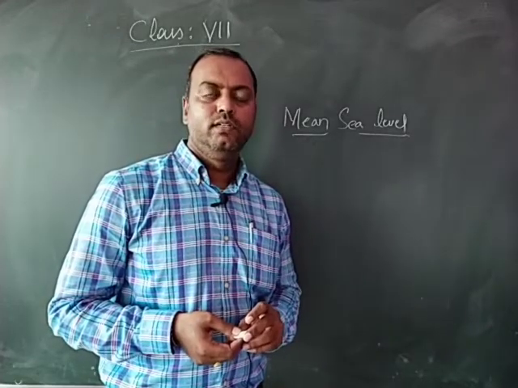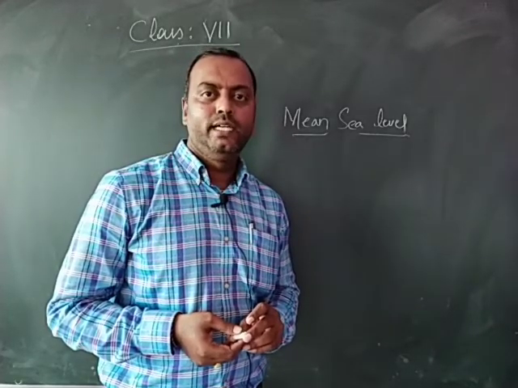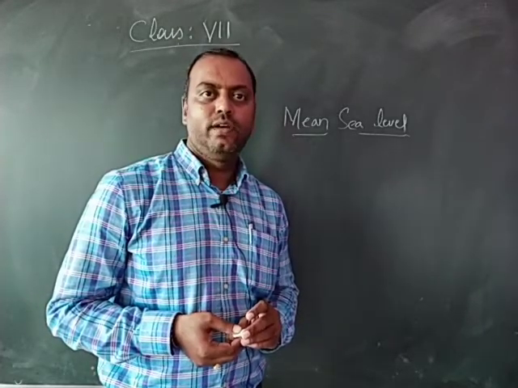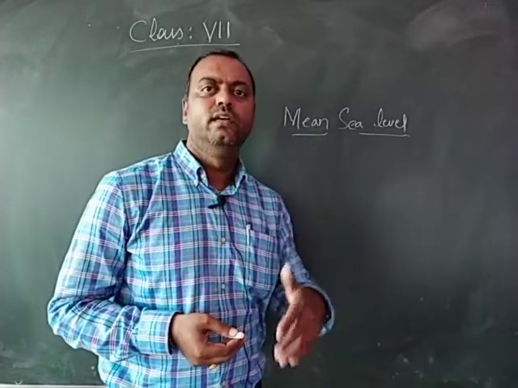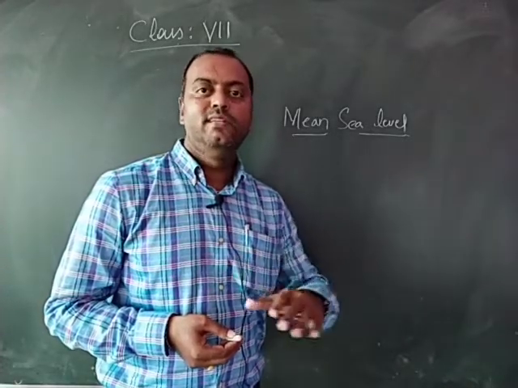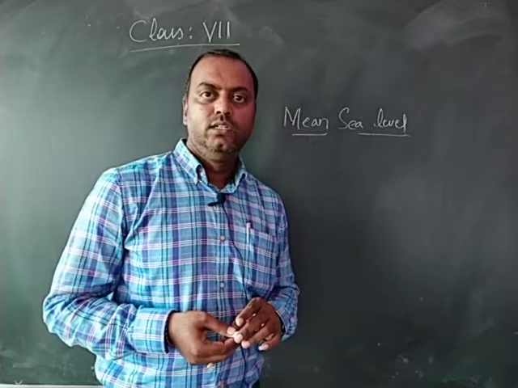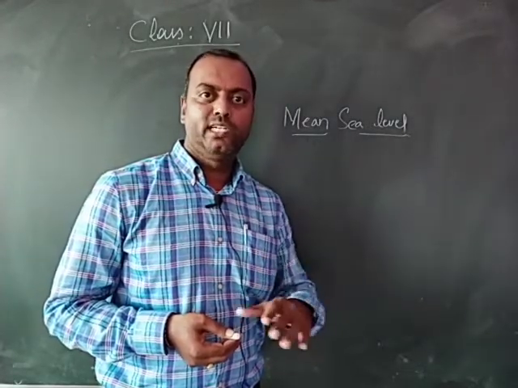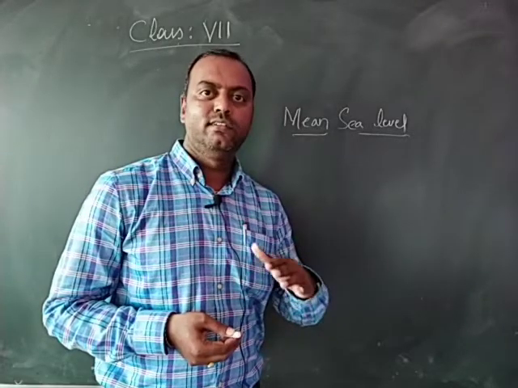You can observe the map 1.8 in your textbook, which shows different heights. For 0 to 50 meters, a single color was used, and for the mean sea level, they have used green color. In the same way, different colors are used in order to project different height levels on a map.